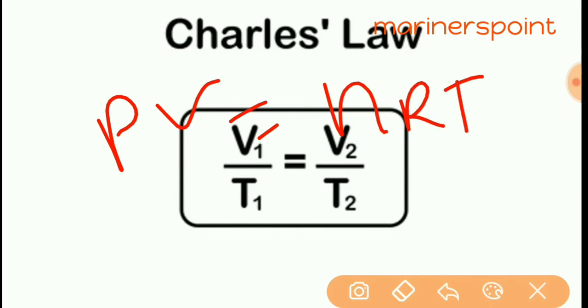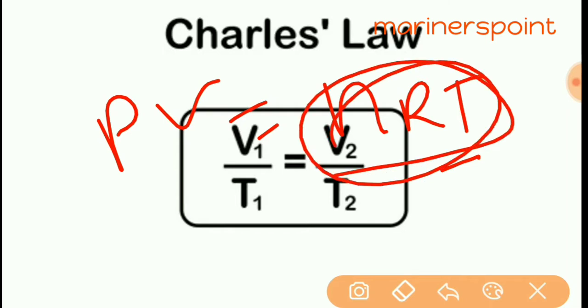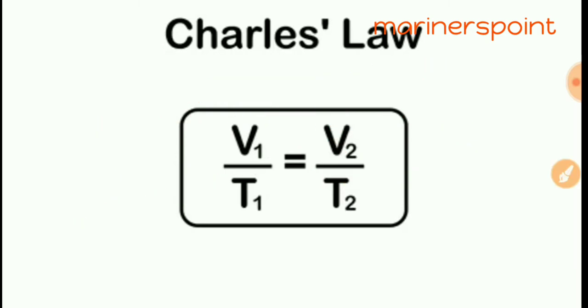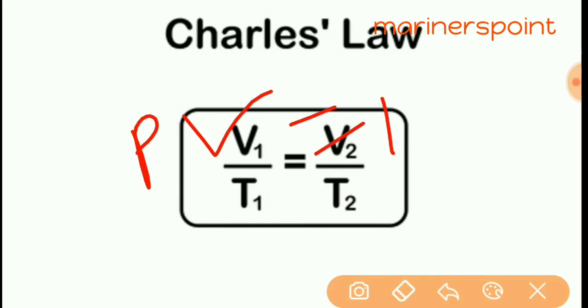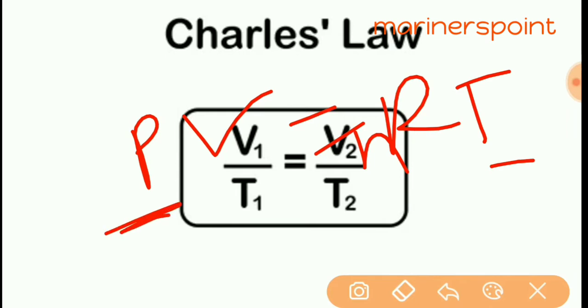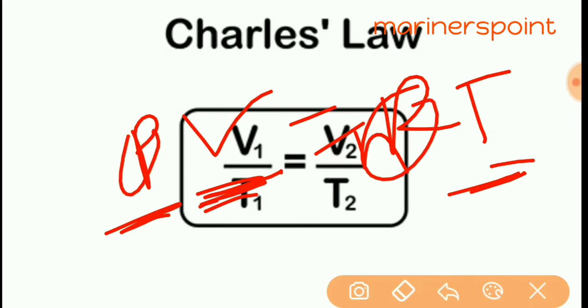In Boyle's law the temperature was constant. Now pressure is constant, then we get a relation between V and T, because all these other things are constant.